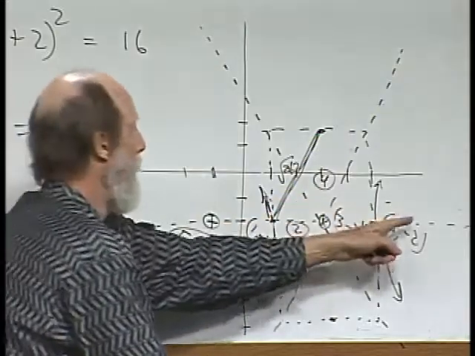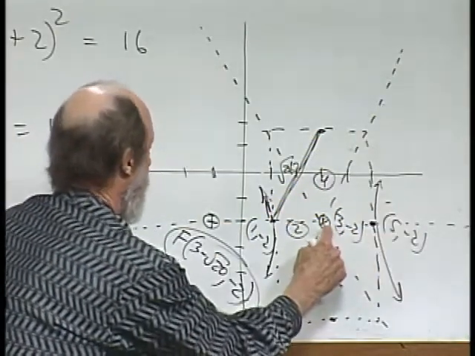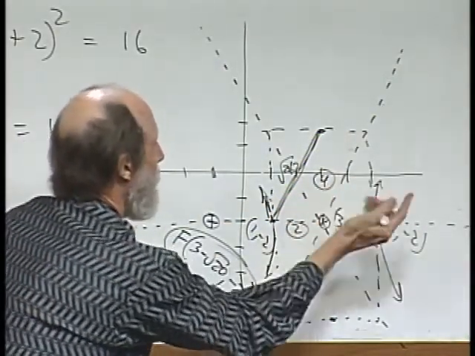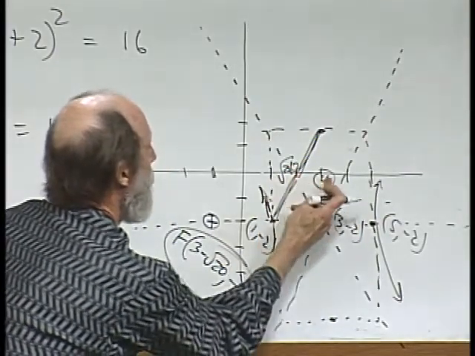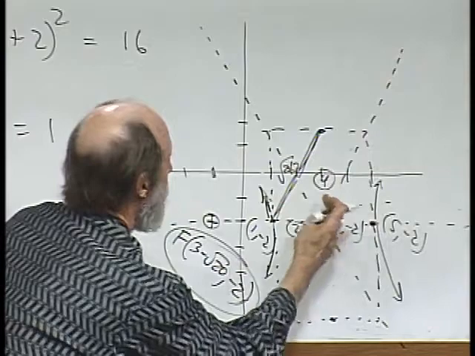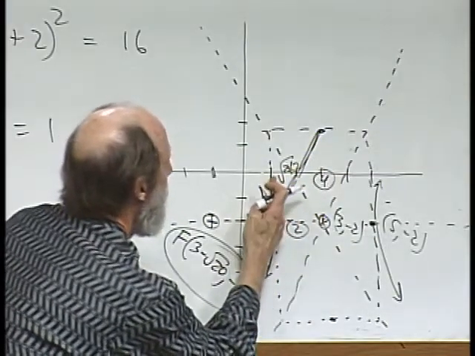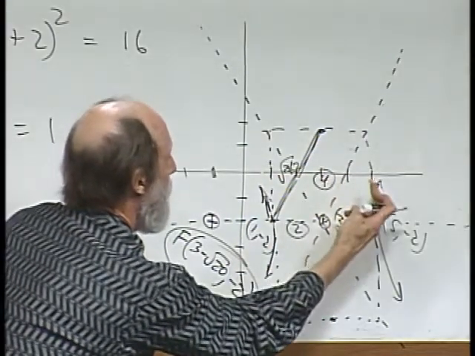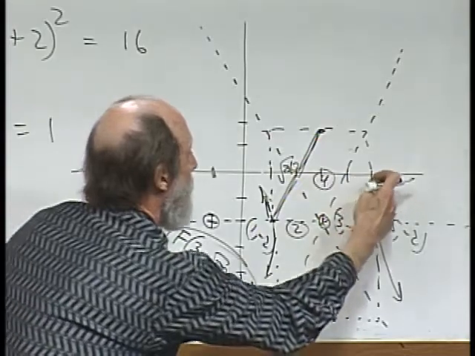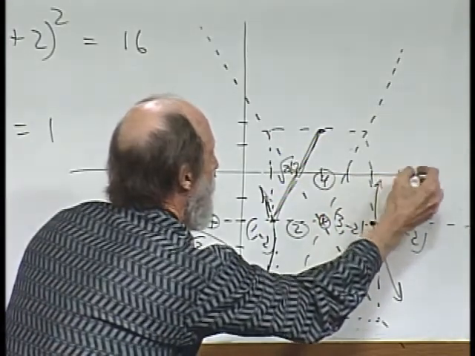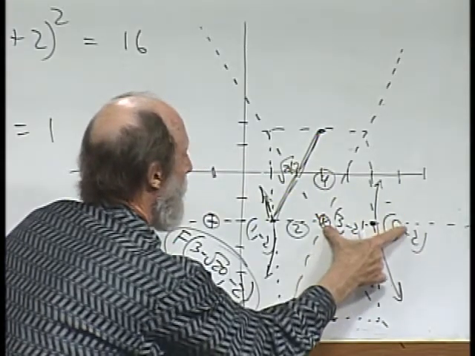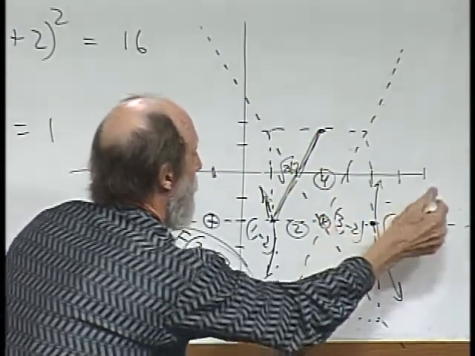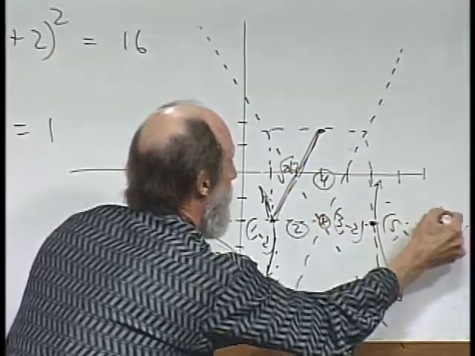Similarly, over here, at a distance of a little more than 4, so you don't even need your calculator on this. My scaling was 1, 2, 3, 4, 5, 6, a little more than 4 from the center, so it's a little more than 7 out there.